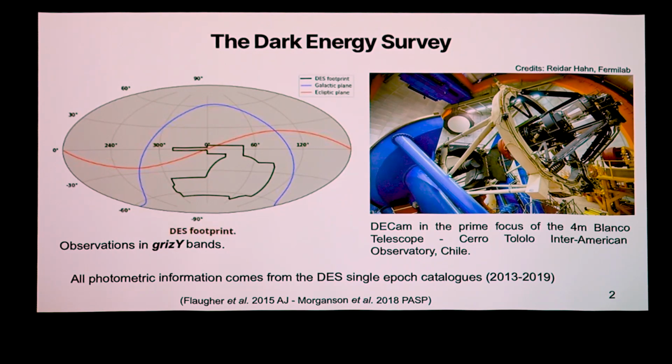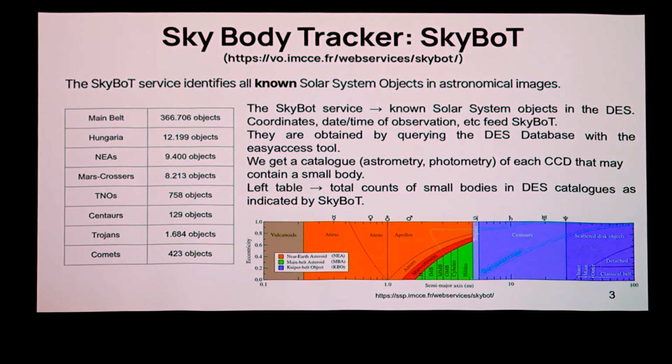This is just an image of the Blanco telescope at Cerro Tololo with the DECam camera at the prime focus. We are not discovering any objects, but just looking for known objects in the solar system as observed by the Dark Energy Survey.